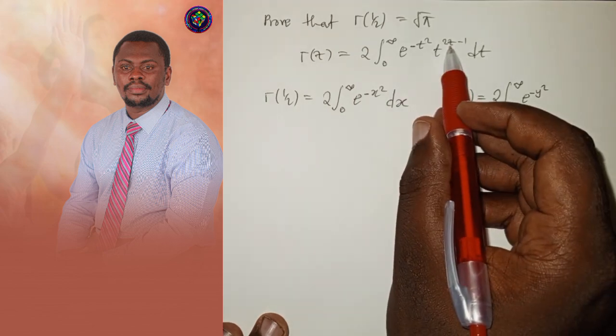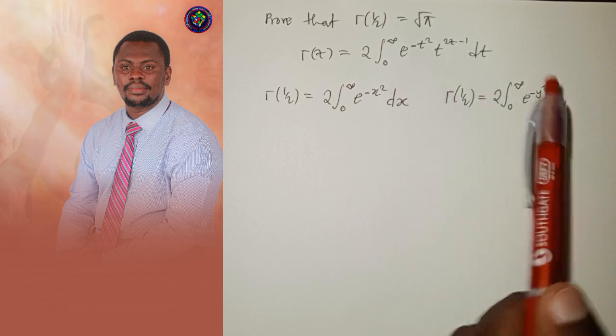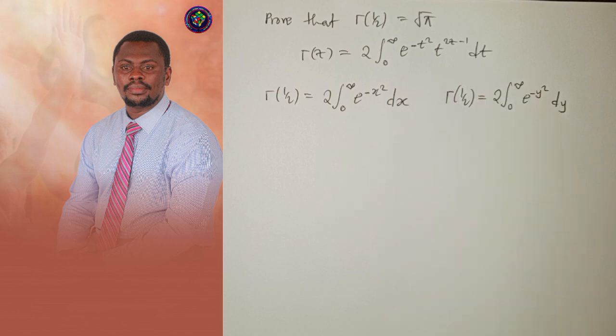Then if you put half there, the t will cancel out, it will be power 0, so dy. Okay, so we have two expressions for gamma of 1 over 2. We have this one and that one. So what are we going to do?